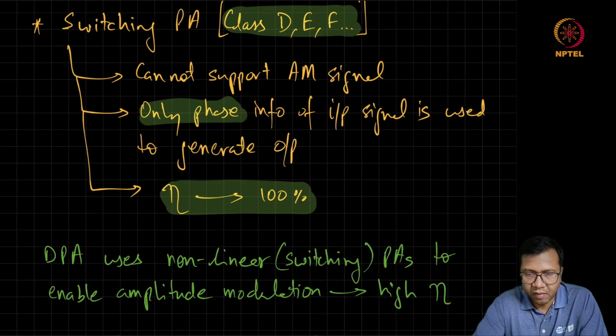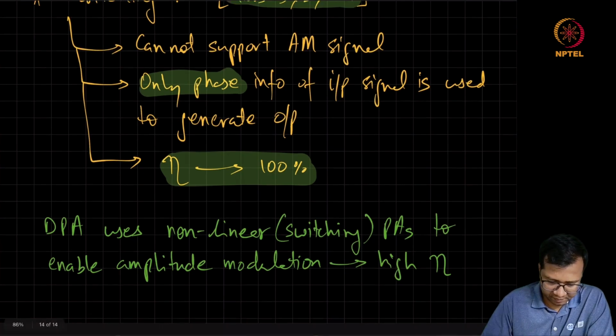Using the digital PA, we are getting an alternative where we use highly nonlinear switching PAs, which are designed for high efficiency. But at the same time, we are trying to use some digital technique to see if amplitude modulation can still be supported.